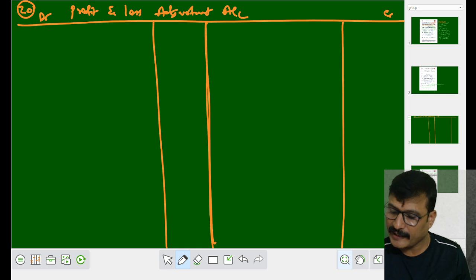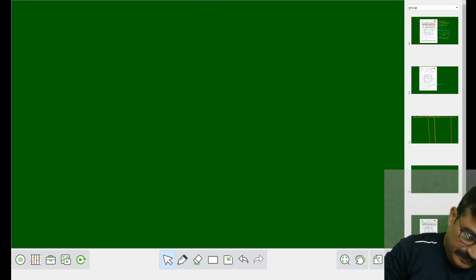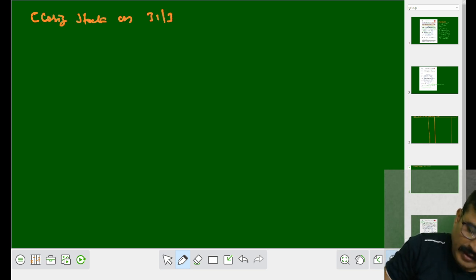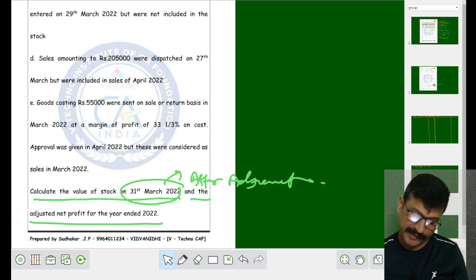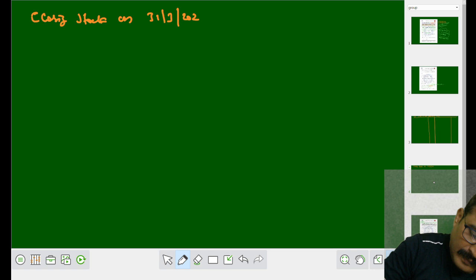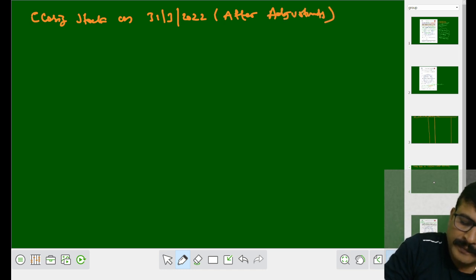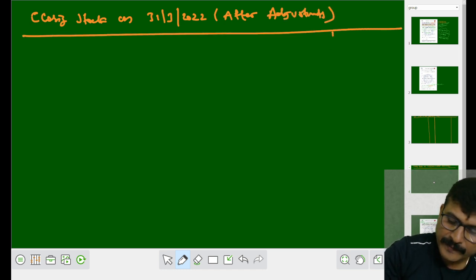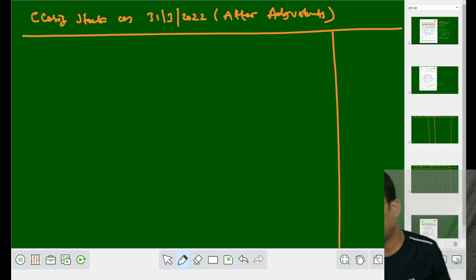Secondly, we have to prepare the closing stock on 31st March 2022 after adjustments. This is all about the format.